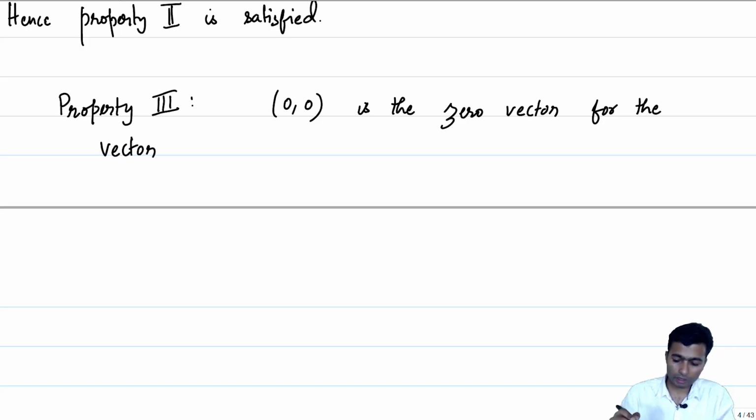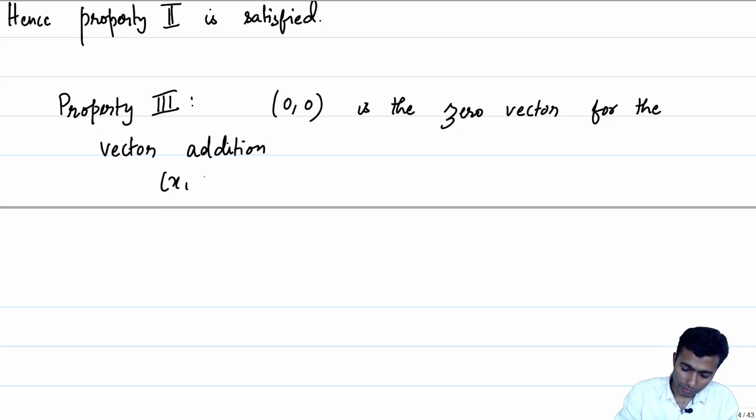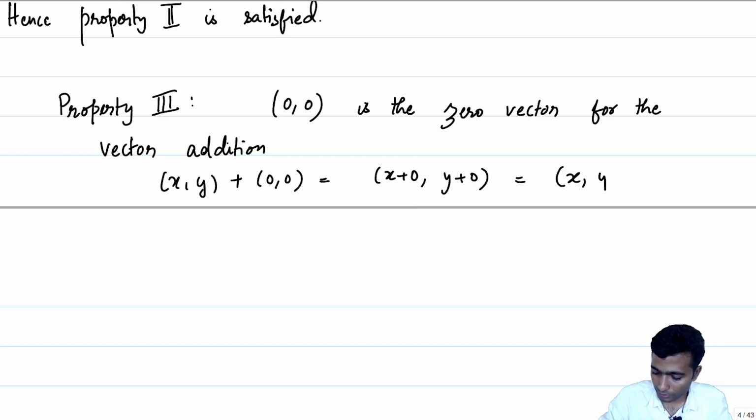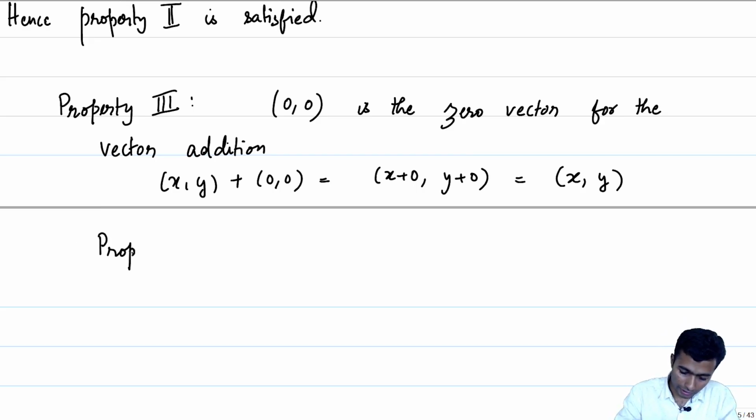So in particular 0, 0 is an element of capital V. So if you look at x comma y plus 0, 0, what do we have? This is equal to x plus 0, y plus 0. But any number added to 0 should give you back the same number. So this is equal to x, y. So any vector v added to the 0 vector is giving us back v. So yes, property 3, additive identity, does exist. Property 3 is satisfied.